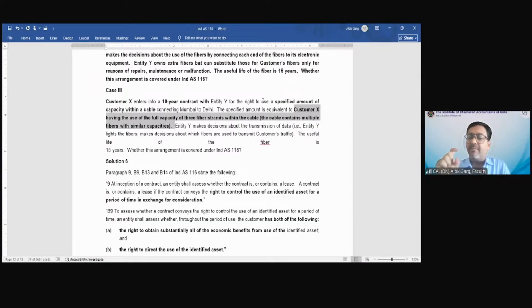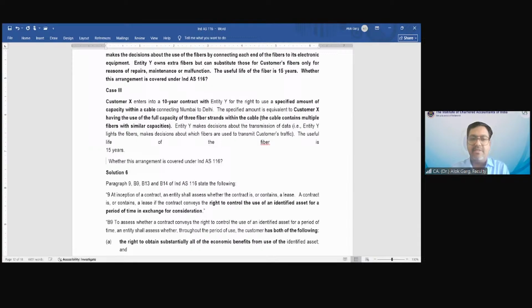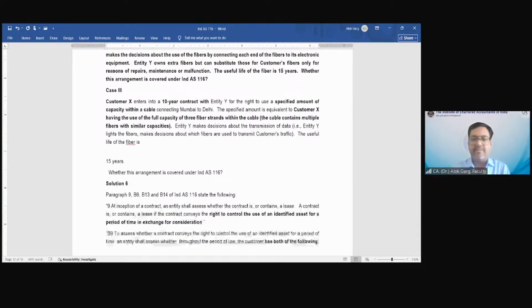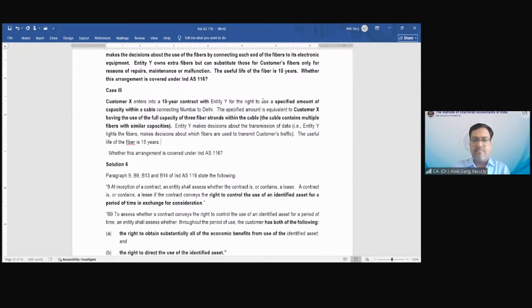Entity Y makes decisions about the transmission of data. Entity Y lights the fiber, making decisions about which fiber is used to transmit customer traffic. The useful life of the fiber is 15 years.